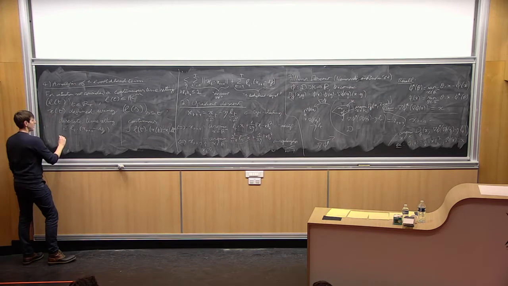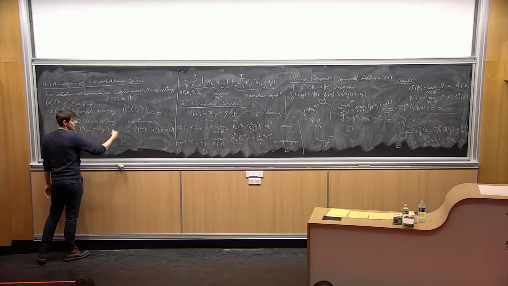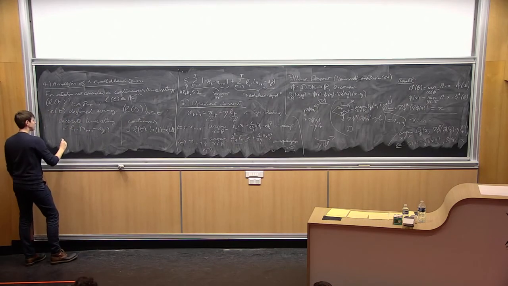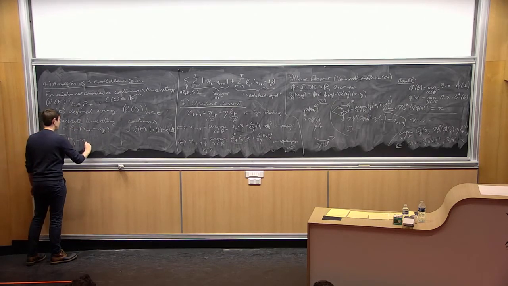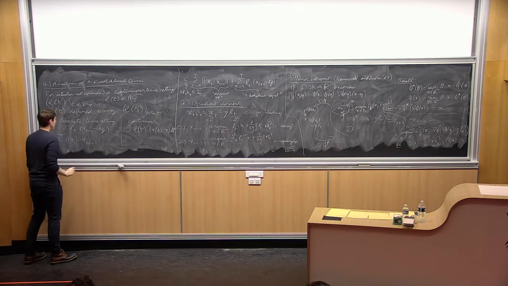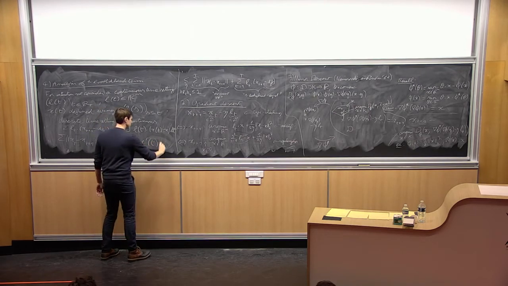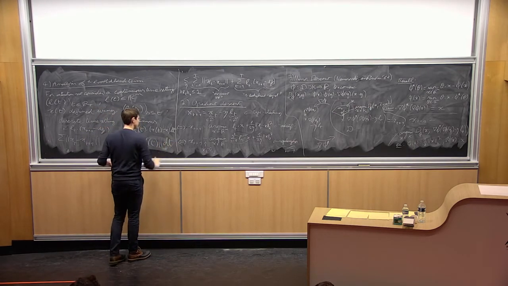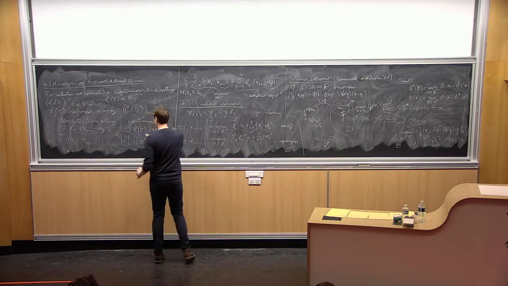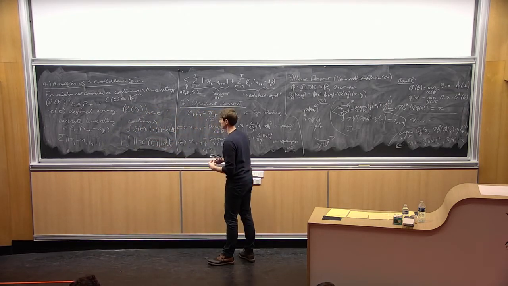In fact, it's formal: if you can control this, you can control the discrete one. And now the movement, which was the sum of the norms, in continuous time is just the integral of the norm of the derivative, x prime of t, dt. These are the two things that we want to control in continuous time.